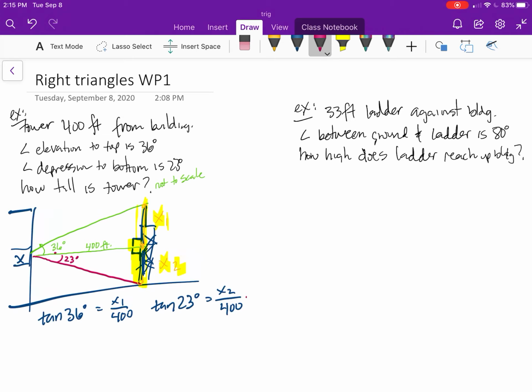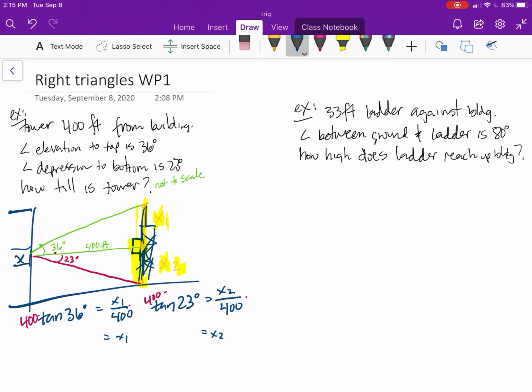Okay, these are pretty simple to solve because we just need to clear the denominator by multiplying by 400. So we'll take our calculators and do 400 times tan 36, 400 times tangent 23, and we will have to sum both of those answers for the total length.